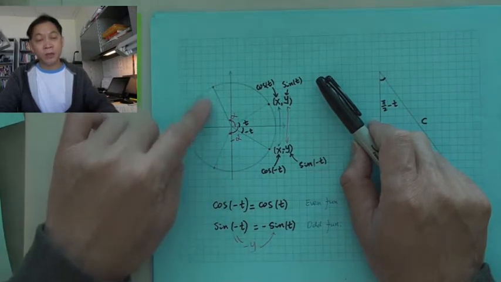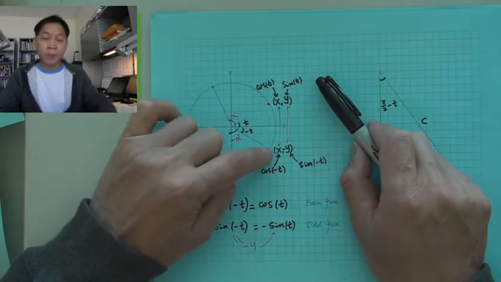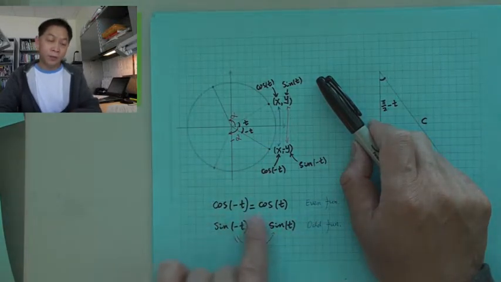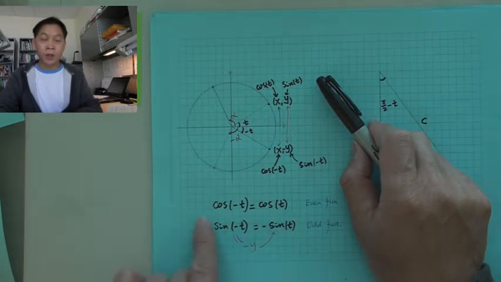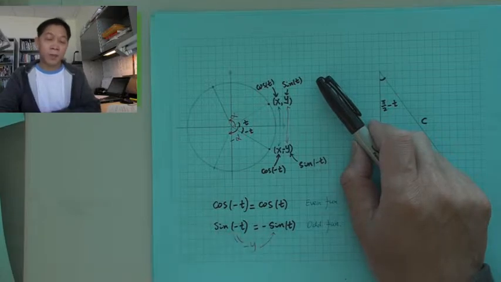So you can check that yourself. I did this one. It tells you that this is true. The negative sign disappears for cosine. For sine, the negative sign gets out. That's what I want to tell you.